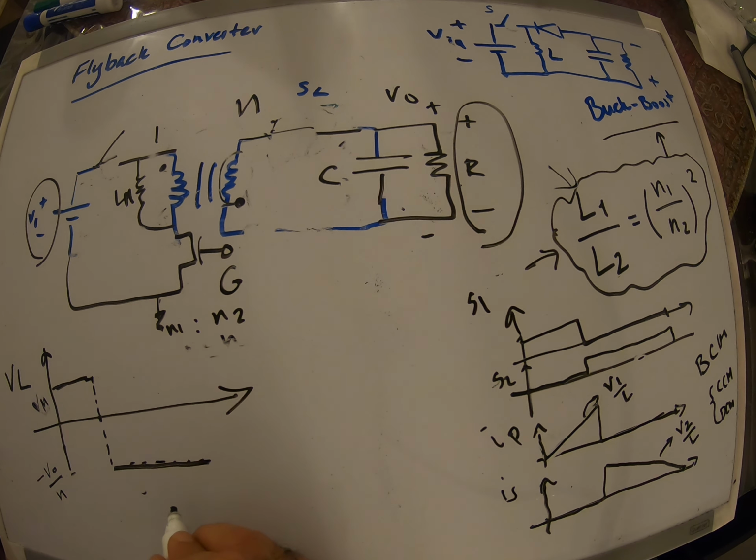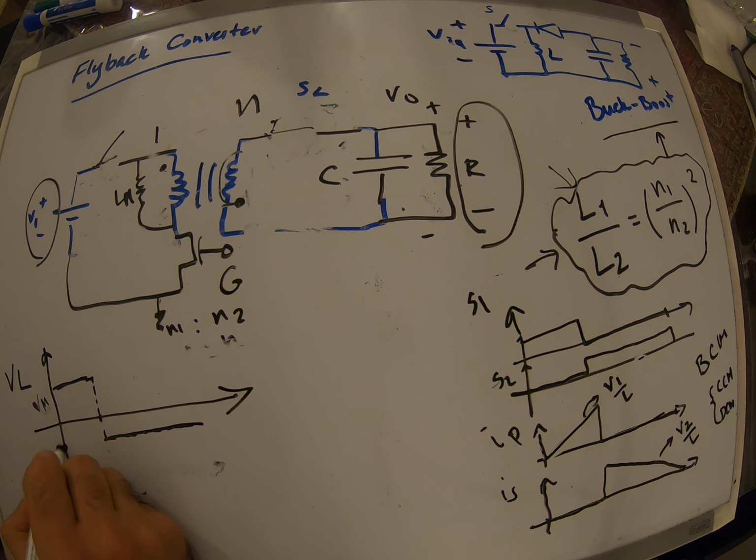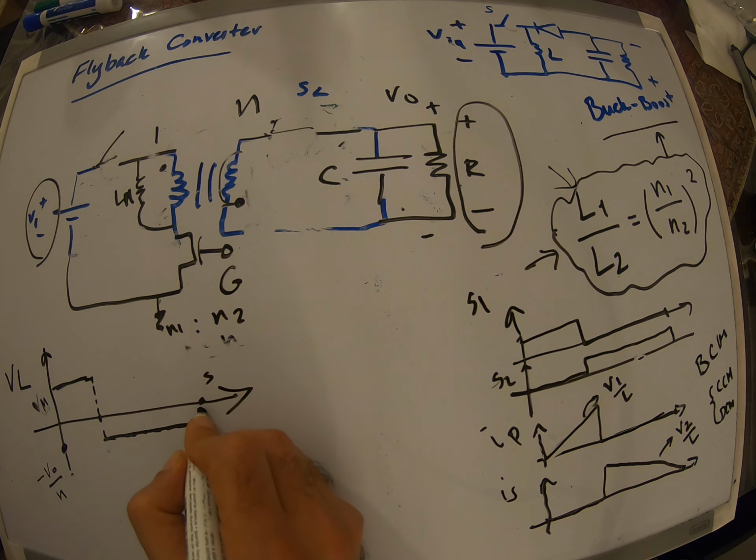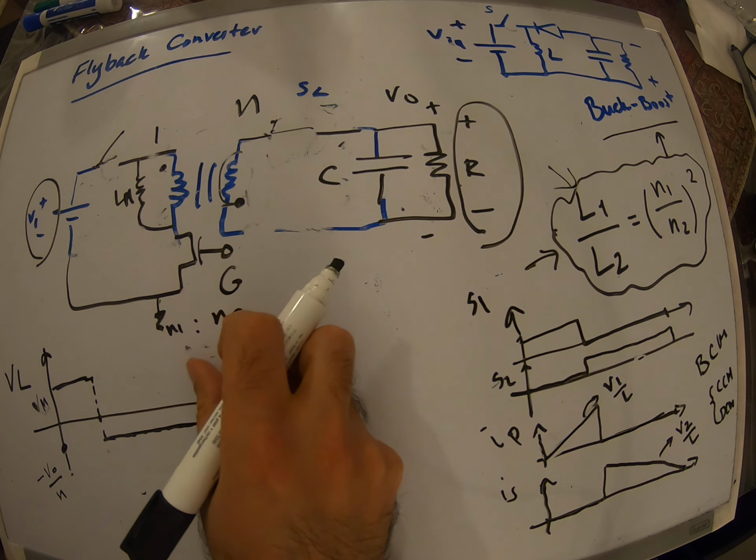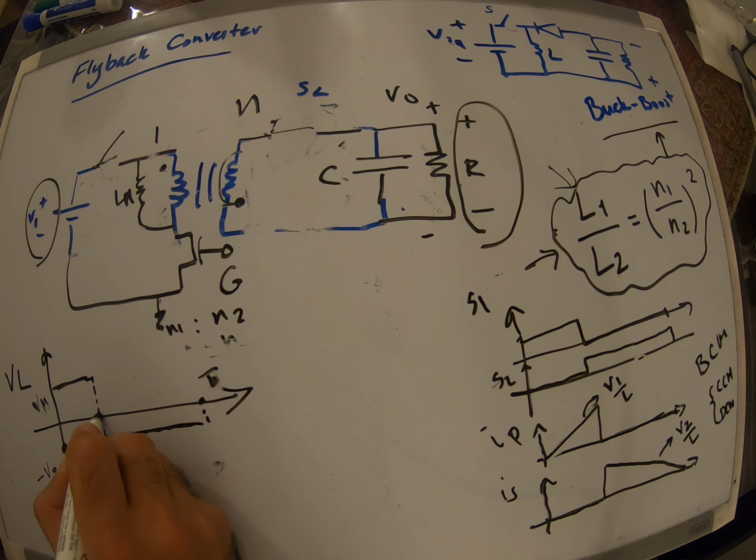And again, I'm doing a bad job in scaling this, right? If you want to have the volt-second balance, then this is T, this is dT.